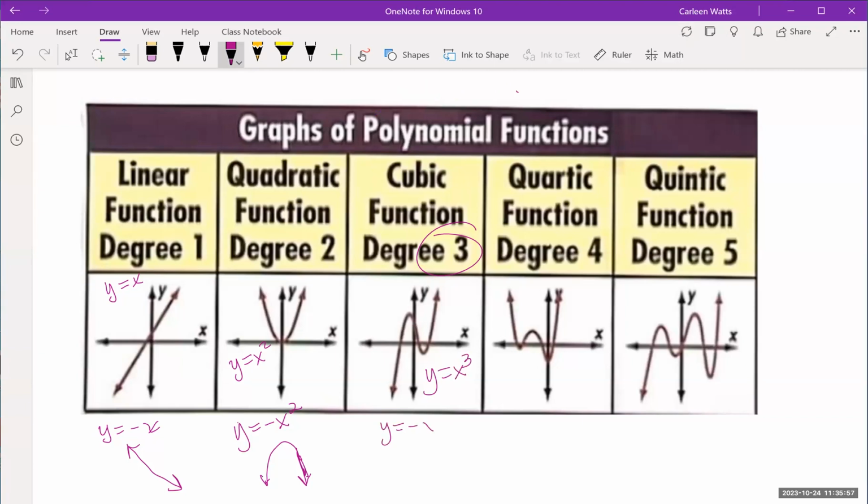Y equals negative x cubed would flip. Y equals x to the fourth plus other terms, y equals negative x to the fourth would look like that. Y equals x to the fifth, y equals negative x to the fifth.